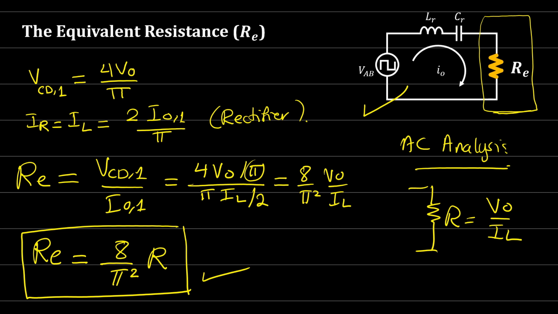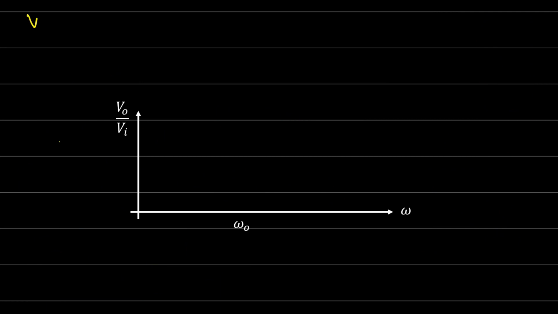Now let's go back and try to recall the relation between the input voltage and the output voltage. We said that V_AB, the first harmonic, is equal to 4 V_DC over 2 over pi, which is 2 V_DC over pi.